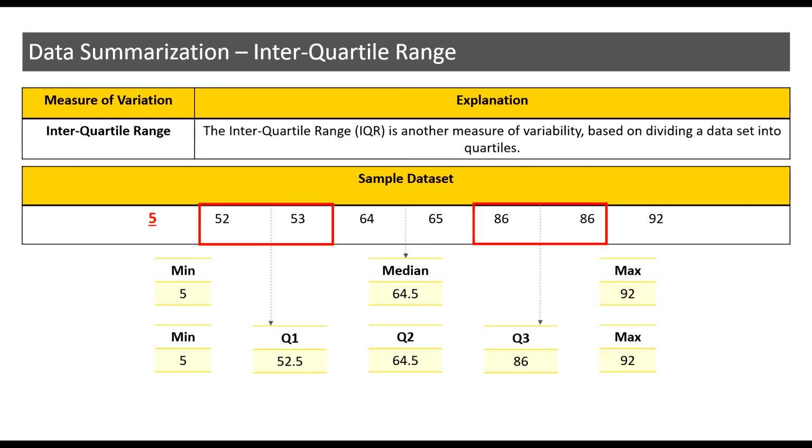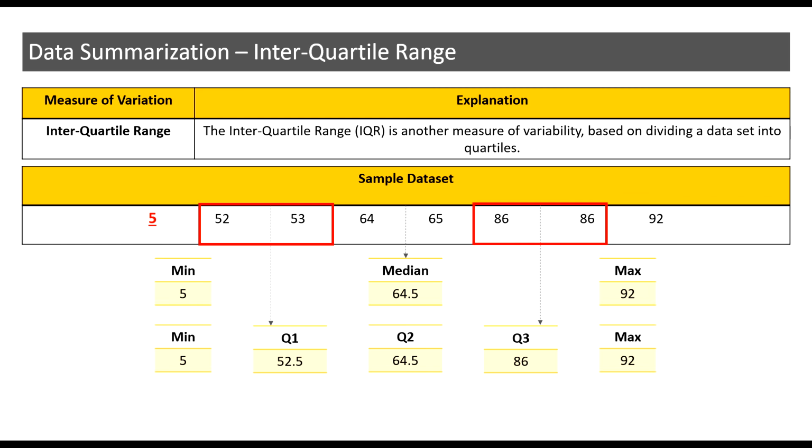Now we finally have 5 numbers, namely the minimum value, quartile 1, quartile 2, which is essentially the median, quartile 3, and the maximum value. Where if you observe carefully, the width between these 5 values is 25, hence the term quartiles.